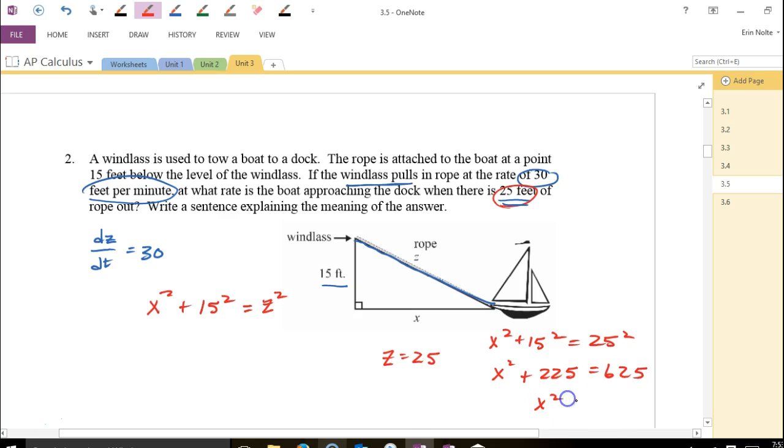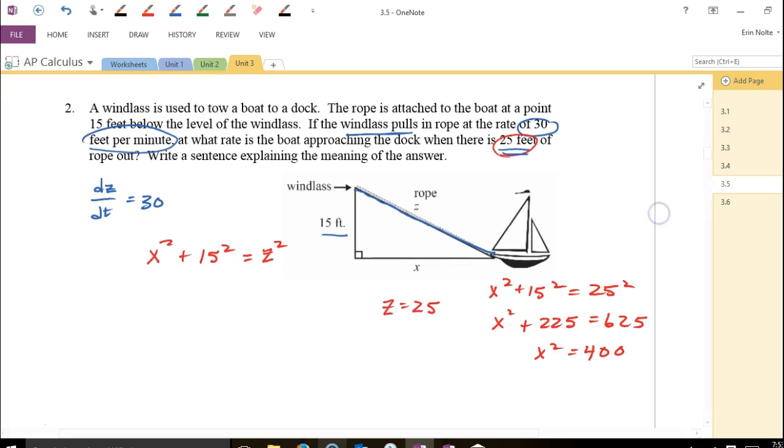So then if you subtract those, you get 400. Ooh, and I can do that. So the x value would be 20, and we would only use the positive value because we're talking about a distance. We wouldn't use negative. Okay, so those are pieces of information that we're going to eventually plug in after we derive the equation.